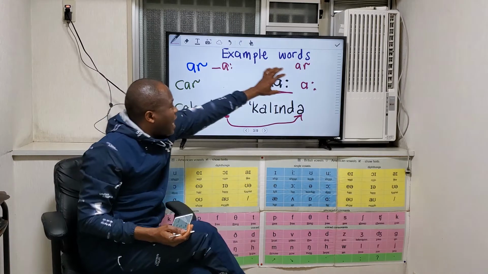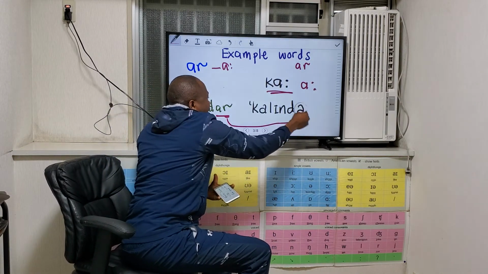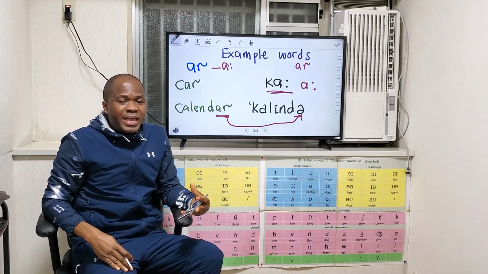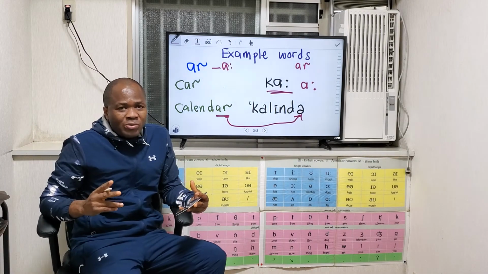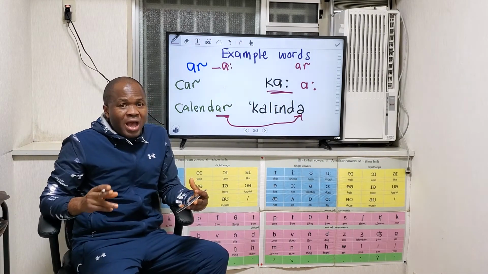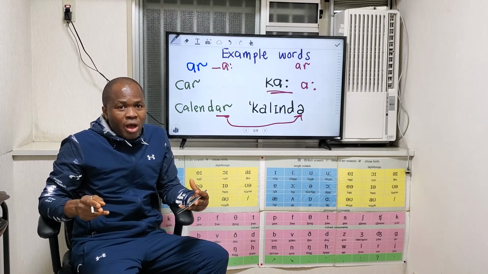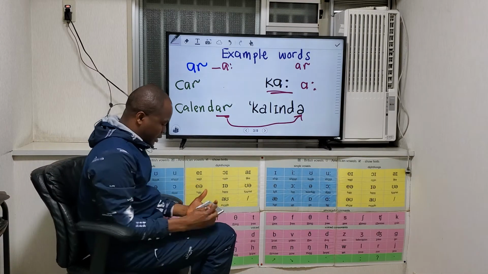The first one is R and the second one is the schwa. The AR, the A controlled by R, can make two sounds. Good. Let's go to the next one.